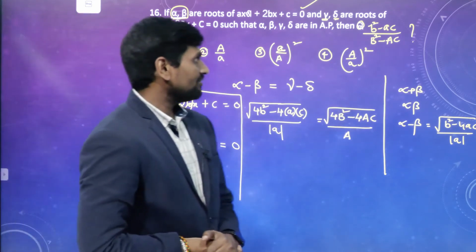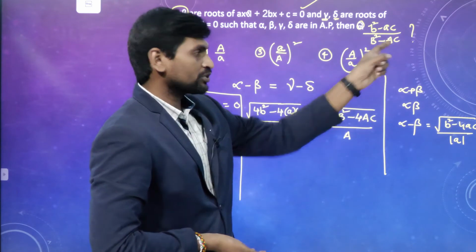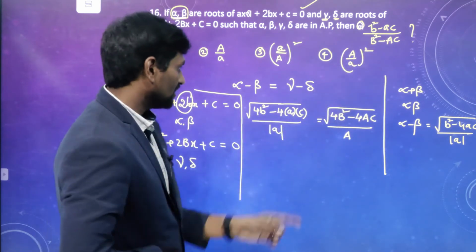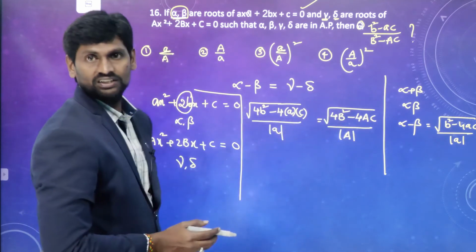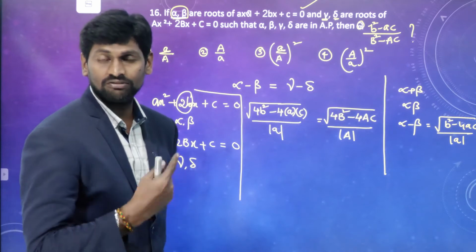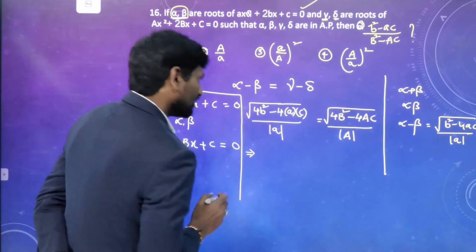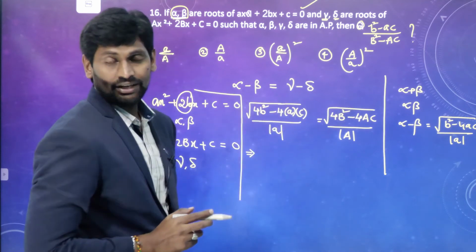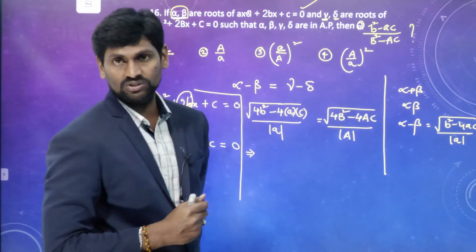Right. Now actually we need to find out the value of b square minus ac by capital B square minus ac. From these two, this is modulus of a. Modulus of a means whether the value of a taken is negative, it will give a positive value. Now squaring on both sides, so I can remove the square roots.